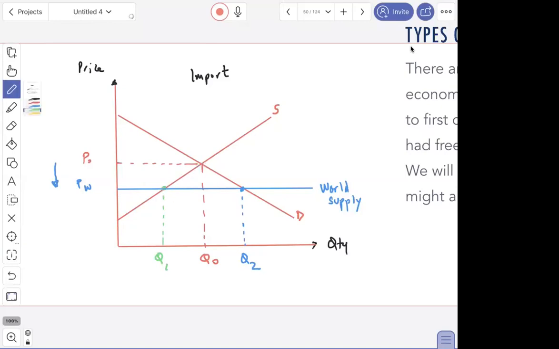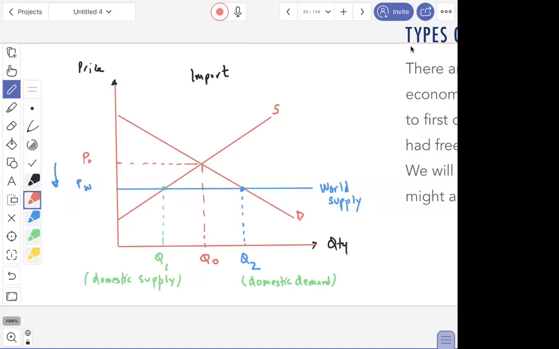So Zainab, this Q2 is what we call domestic demand, and this Q1 is what we call your domestic supply. And the difference between domestic demand and supply, can anyone tell me what that difference will be?